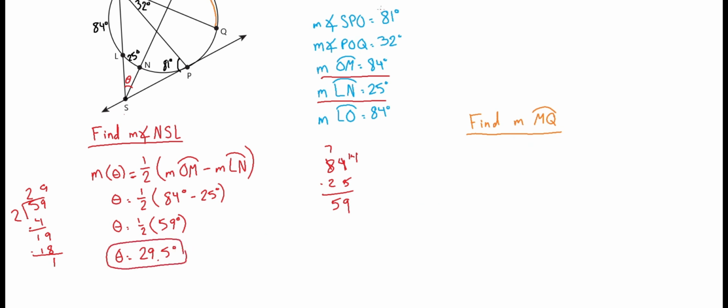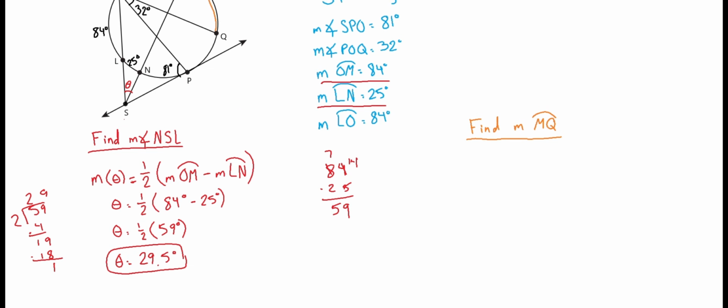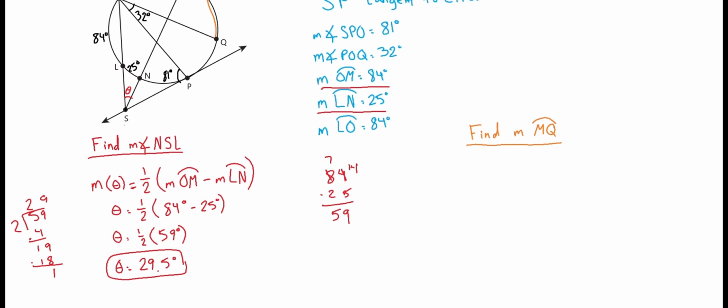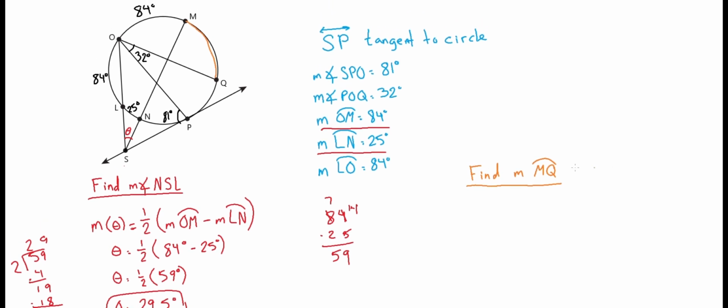Now we want to find the measure of arc MQ. You might be wondering how we do this, but it's very simple. You already have a lot of the arc measures over here. You have OM, OL, LN, and now we want to find all these other ones. First I'm going to find this whole arc measure over here, OP.